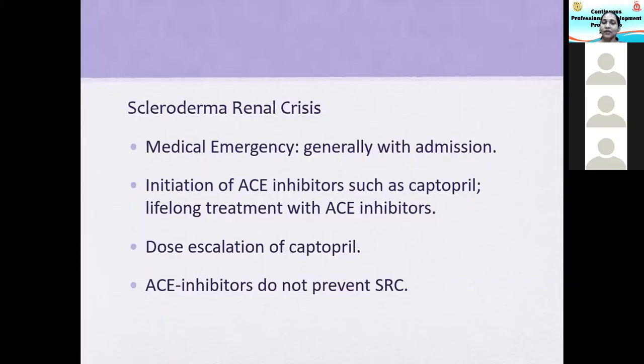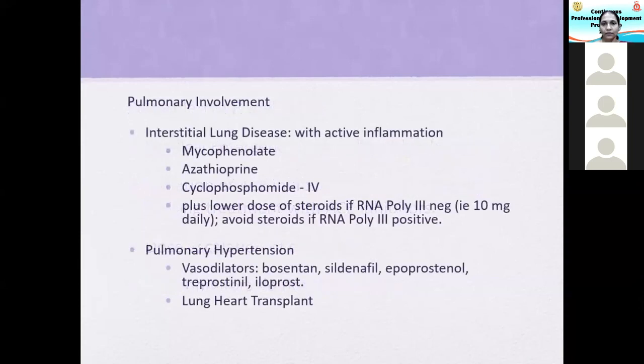It's very important for you to know that in renal crisis, even if the patient has renal impairment, you will continue with ACE inhibitors or the angiotensin receptor blockers, ARBs.